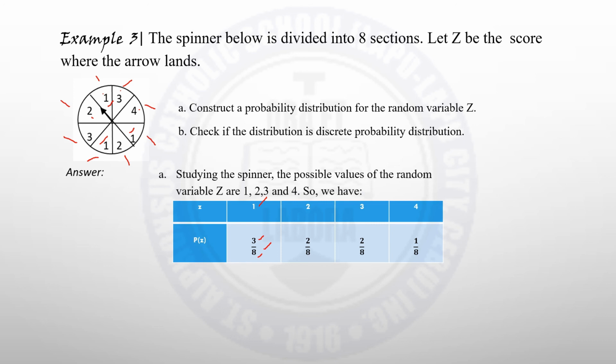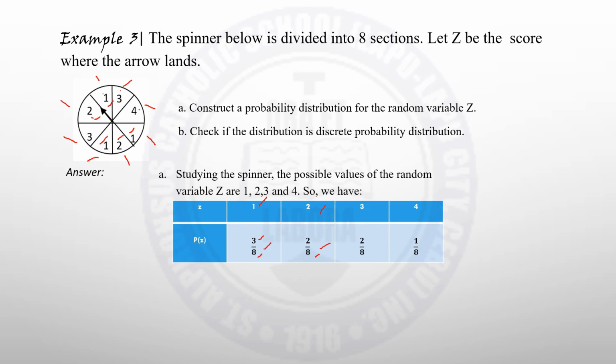Next, the probability of a number 2 is 2 over 8. 2 is in the numerator because there are 2 possible outcomes for 2. So we have 1 and 2. And 8 here is our denominator for the totality of the possible outcomes of the spinner.